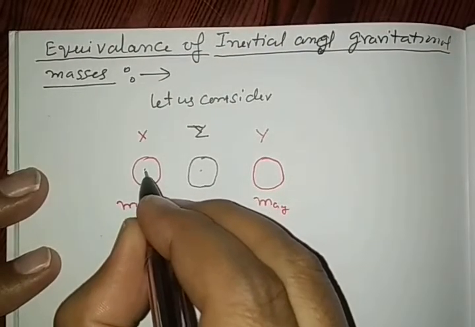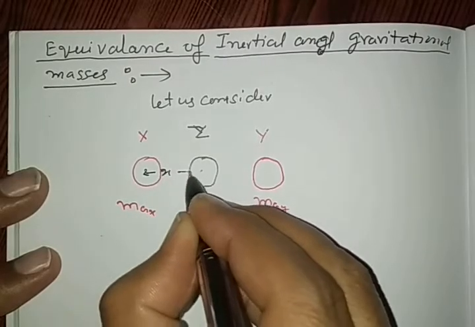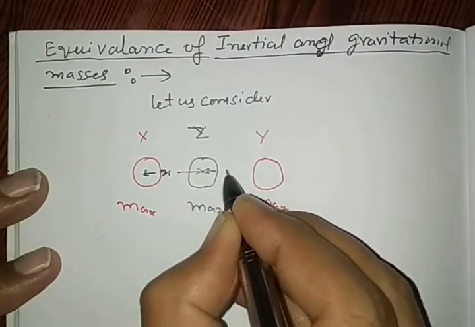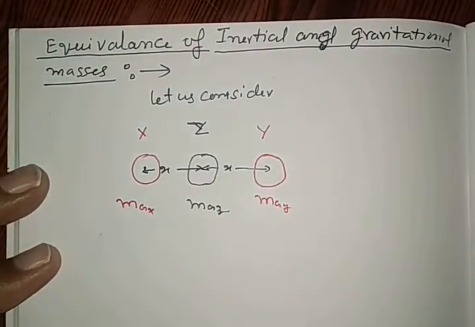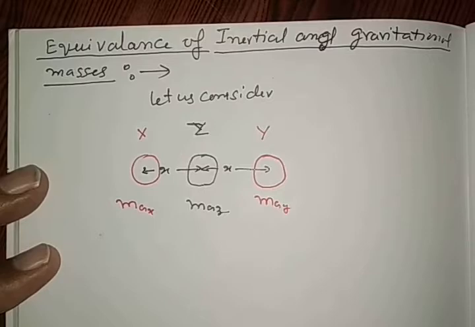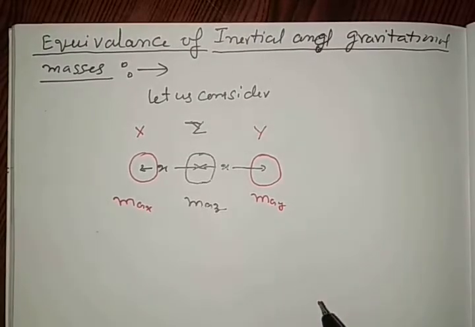The distance from both is represented as equal, x and x, from both. Let us see some mathematical calculations here.